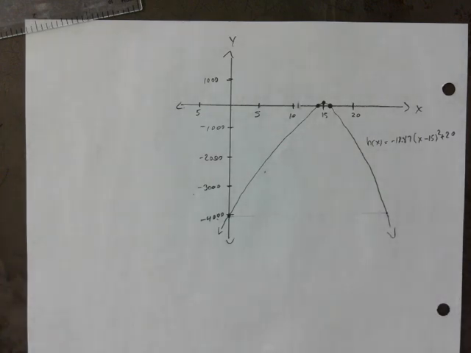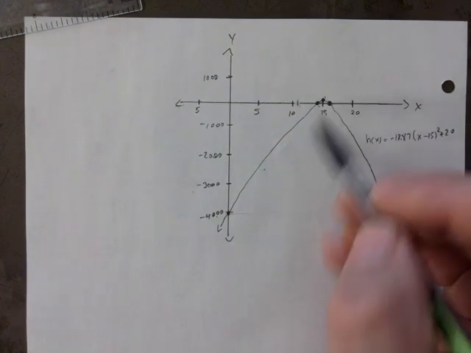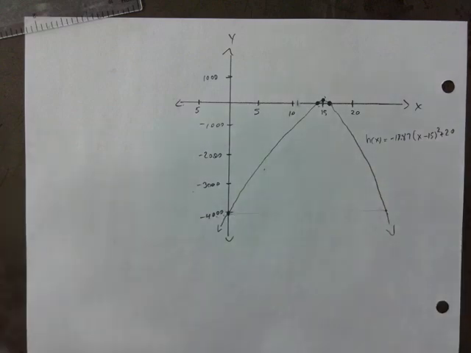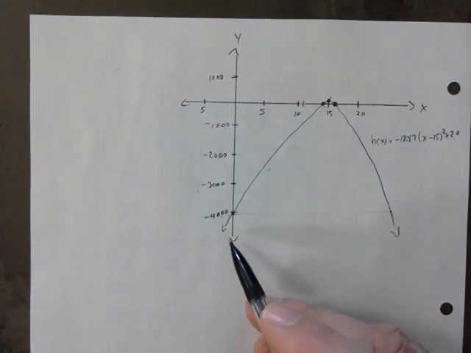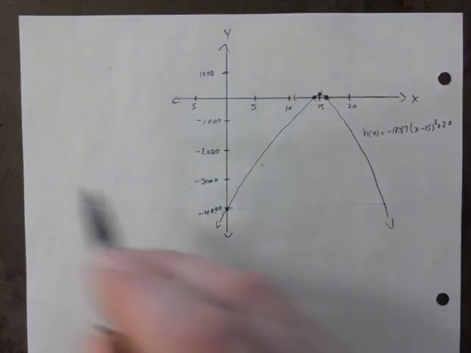Just make it look symmetric, and then we're happy. Okay. I have the intercepts, vertex. Doesn't look very symmetric, does it? No. Good enough.